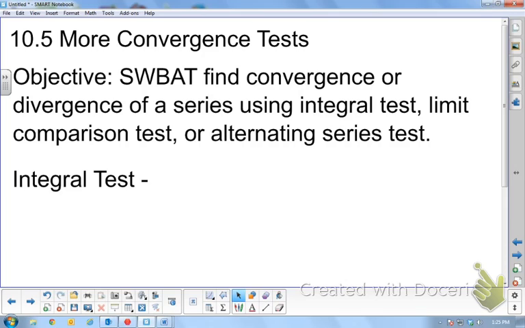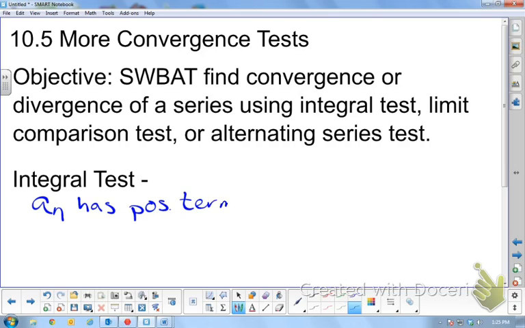So our first test today is called the integral test. Again, this test only works if a sub n has positive terms, which has been a requirement for most of our tests.